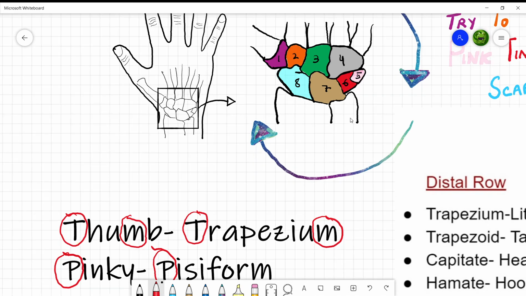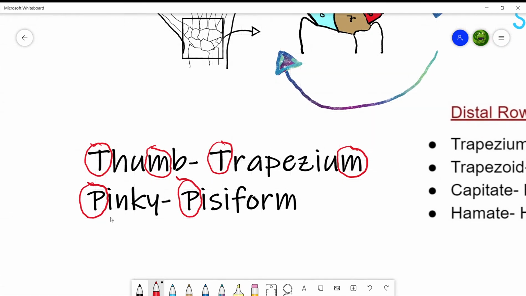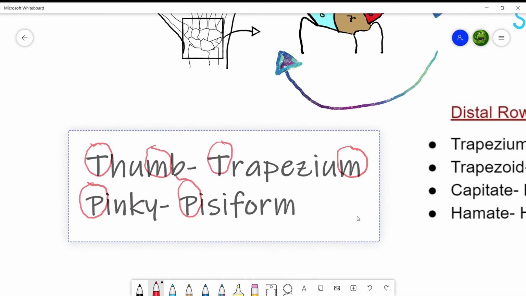So how do you remember that? We also call little finger a pinky finger, right? So pinky starts with P and pisiform starts with P too. So in this way you can remember that pisiform is the first bone of the proximal row starting from the little finger side, right?